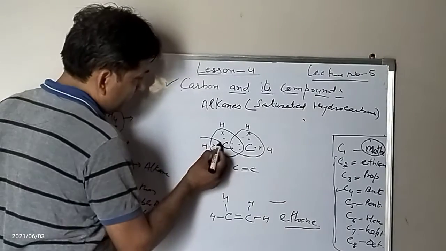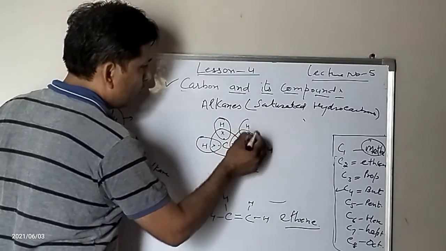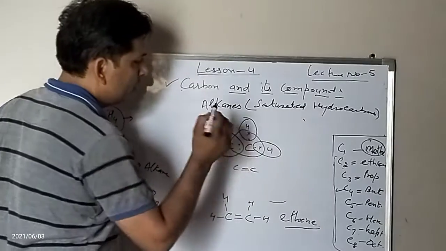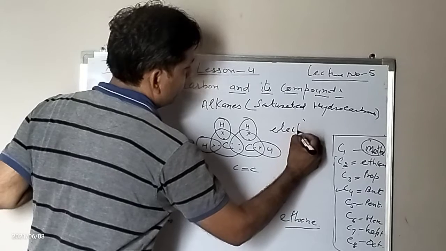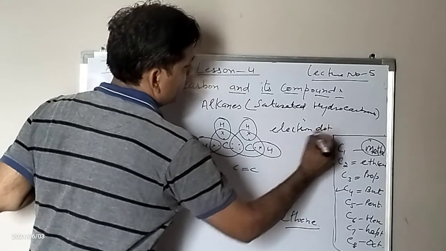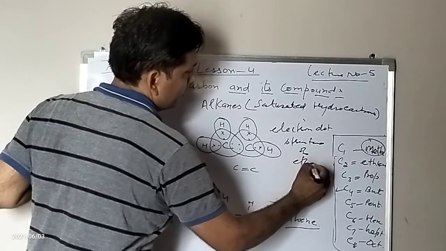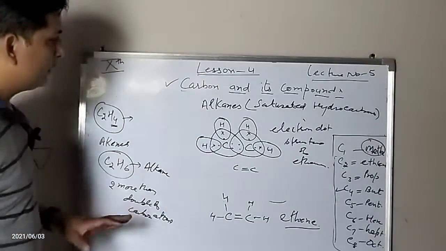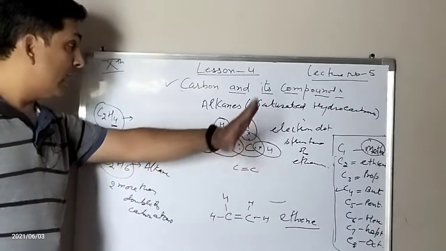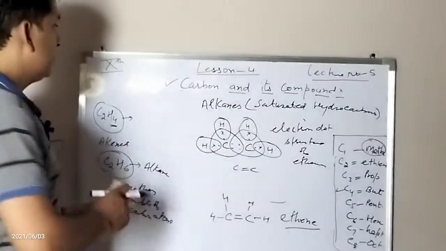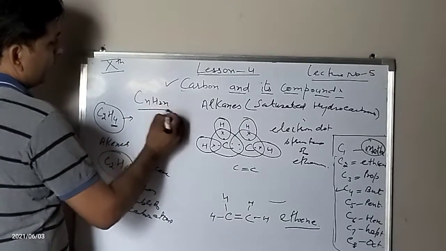Then hydrogen has 2 electrons with each. This is the electron dot structure of ethene. You can write the electron dot structure as well as the formula of any alkene with the help of this general formula, CnH2n.